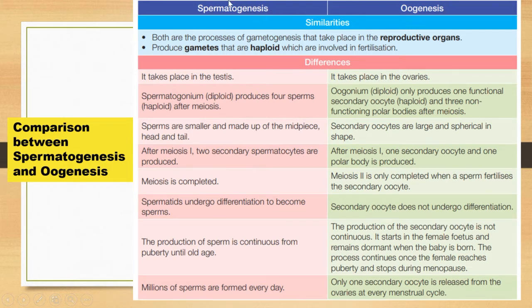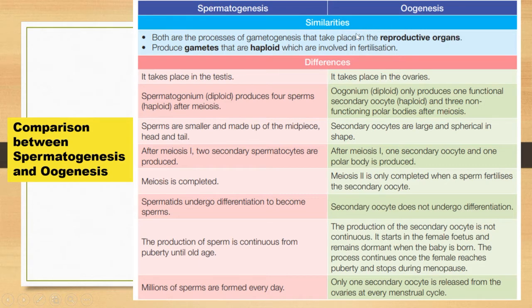Again, what is spermatogenesis? It is the formation of the sperm, whereas oogenesis refers to the formation of the secondary oocytes. We go to the similarities. Number one, both are processes of gametogenesis that take place in the reproductive organs.